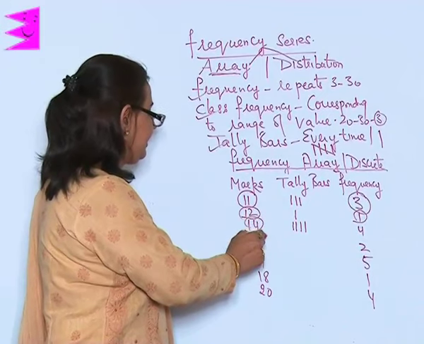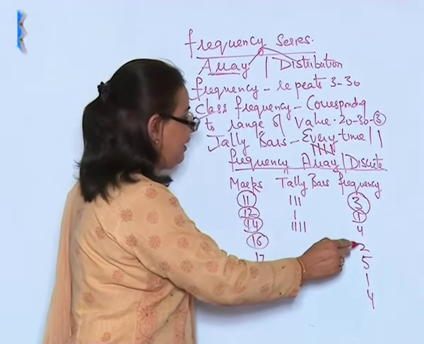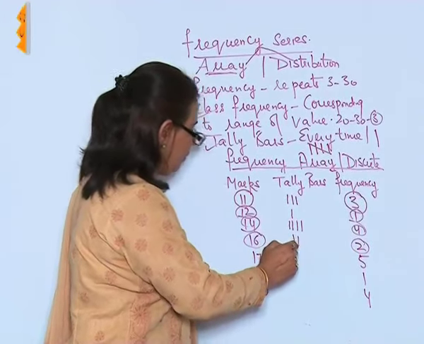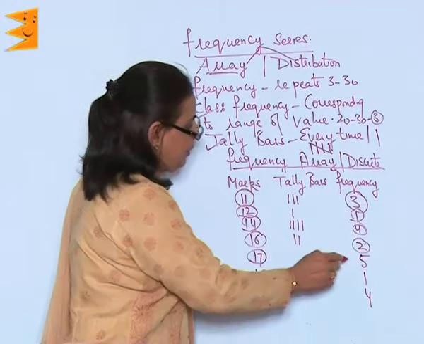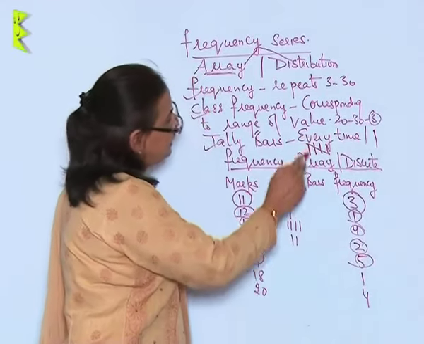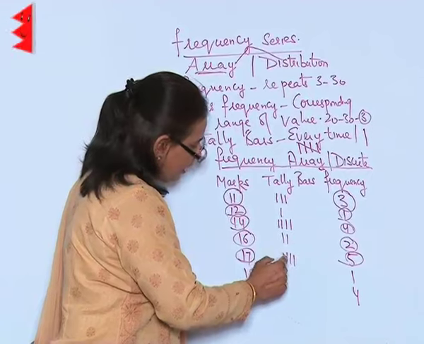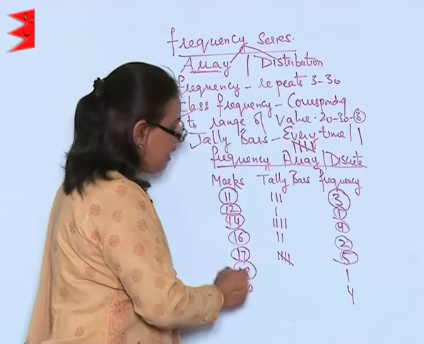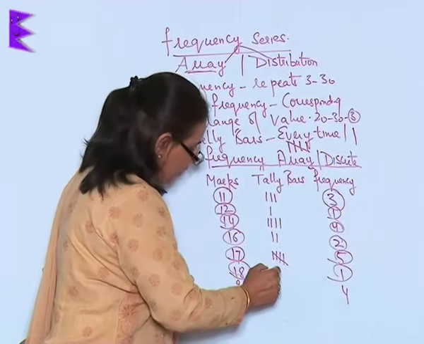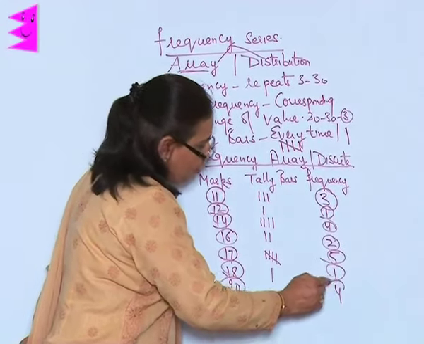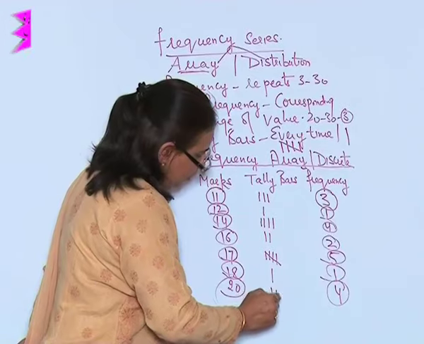Then 16 marks are obtained by 2 students, right? So it will be 2. 17 marks are obtained by 5 students. As I told you, in the tally bar it will become 1, 2, 3, 4 and 5. 18 marks are obtained by 1 student. And 20 marks are obtained by 4 students. So 1, 2, 3, 4.